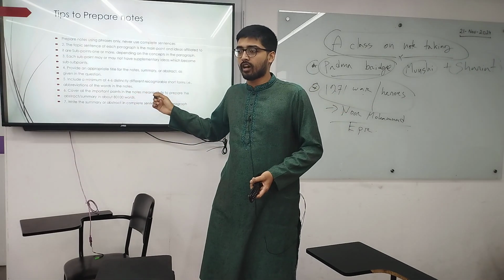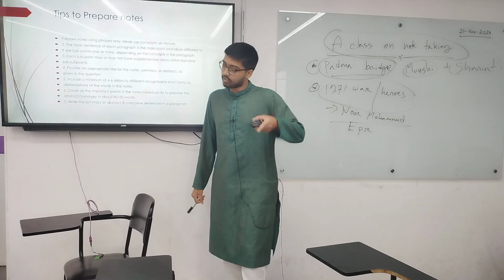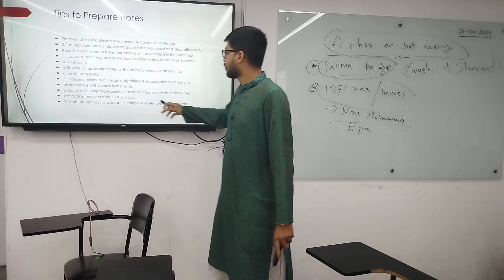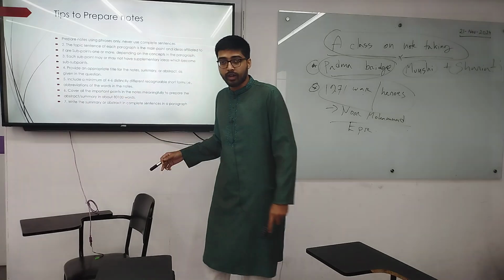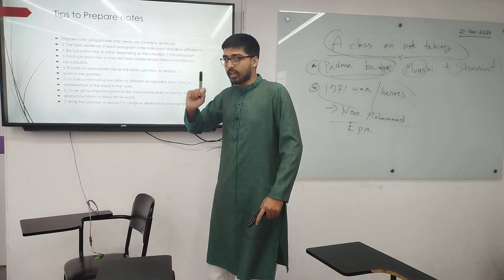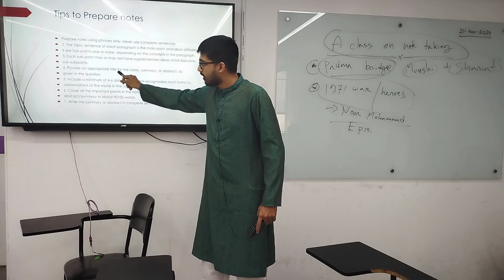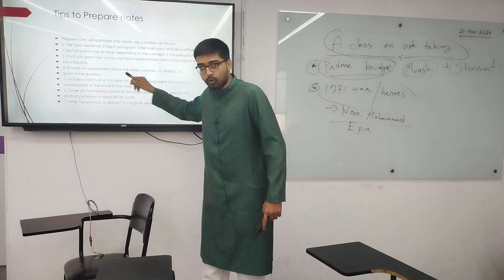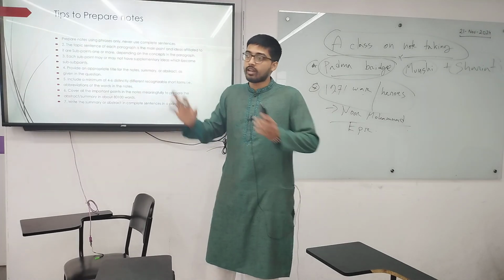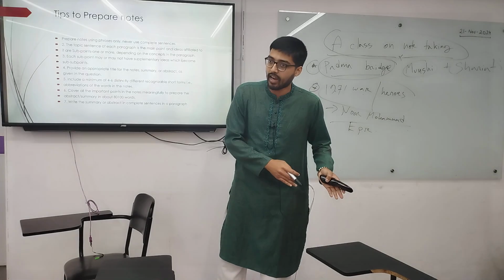For the later part of this class, I will be showing you a video and we will be practicing it today. So we will be writing an abstract or a short summary with 80 to 100 words with an appropriate title, with taking notes. That means we'll be writing note taking and the abstract and the title also.